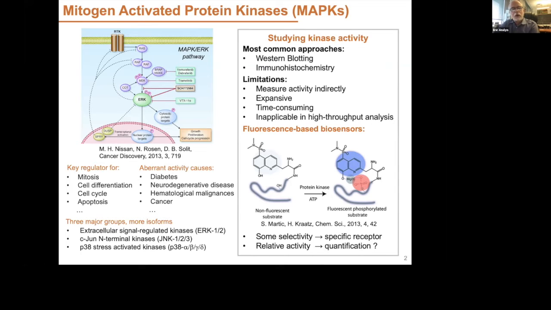Because kinases often go awry in their expression in a variety of different cancers and these other kinds of human diseases listed down here.